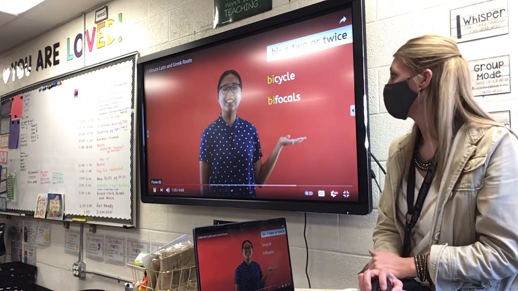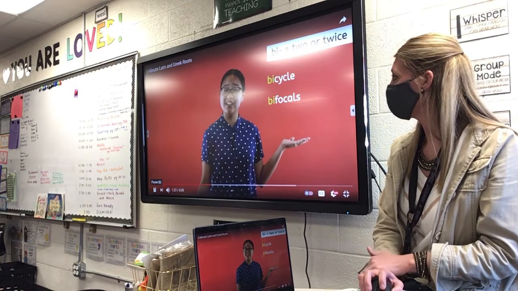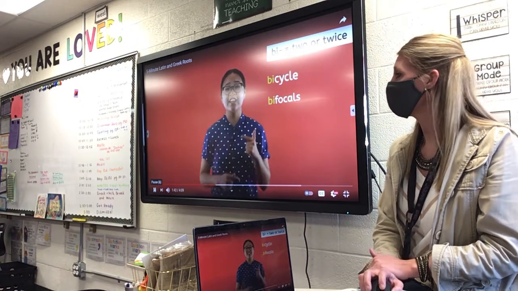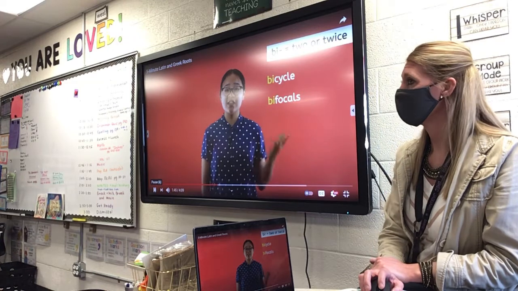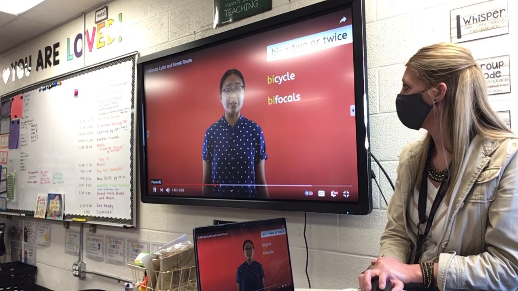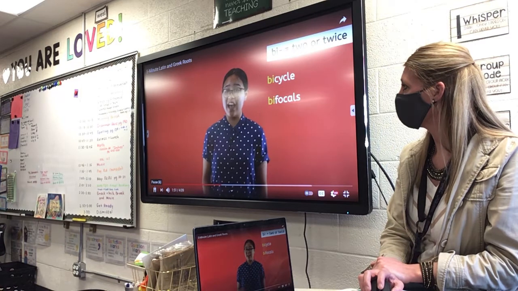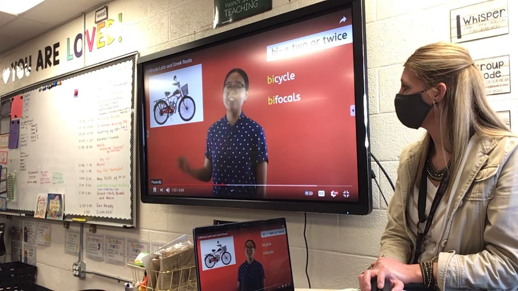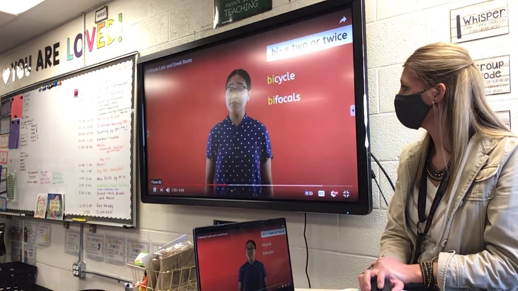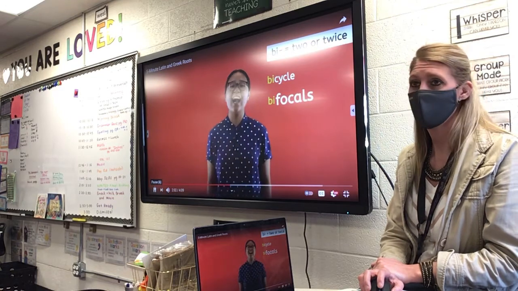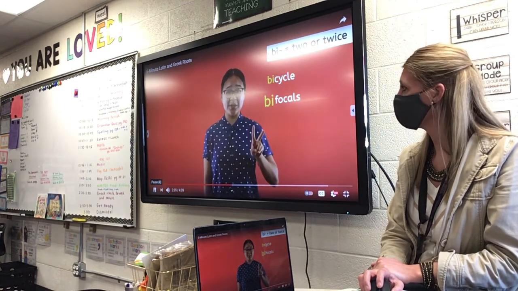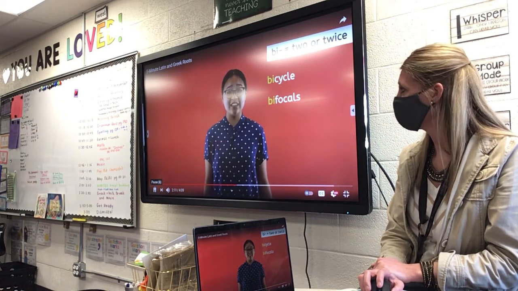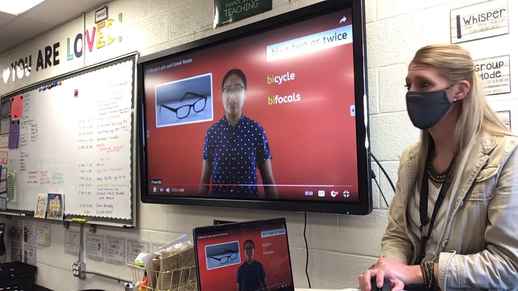Can you also figure out their meaning? Since cycle means to pedal in a circular motion, and bi means two, this word means two pedals in circular motions. We know it as this object we ride with two pedals and also two wheels, called a bicycle. Since focal has to do with focusing the eyes, and bi means two, this word means two lenses used to focus with the eyes, or bifocals.